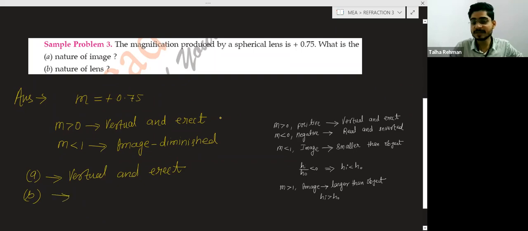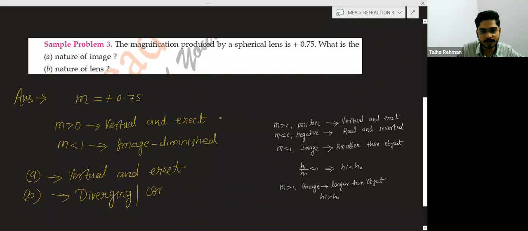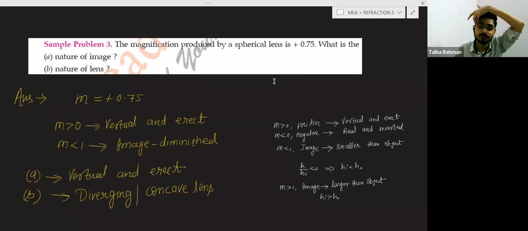A concave lens is a diverging lens. Diverging, or you can say concave lens. So with the help of magnification, you can solve this question. Just note it down first. Anyone have a doubt in this? Manha, Martin, and Shubhana? No, sir. Okay, fine. This is a very simple thing when you have understood it.